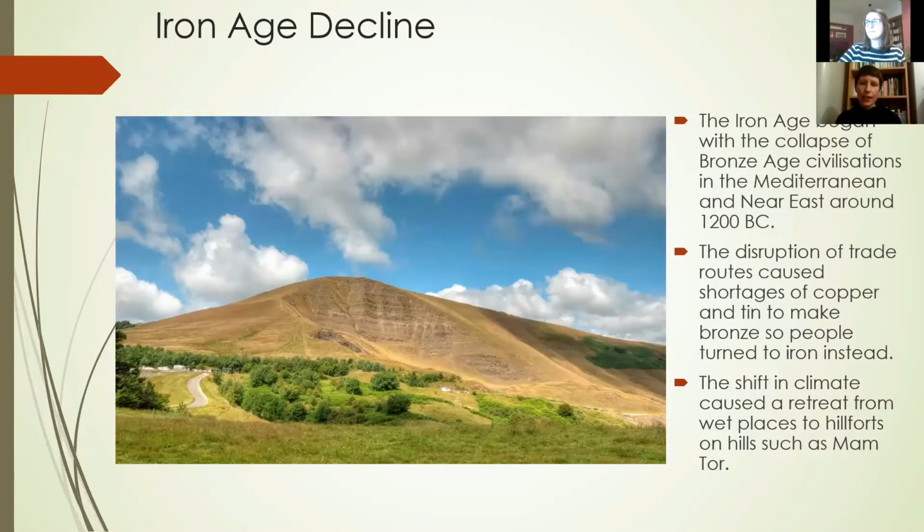It began with the collapse of Bronze Age civilizations in the Mediterranean and Near East around 1200 BC. The disruption of trade routes caused shortages of copper and tin to make bronze, so people turned to iron instead. The shifting climate caused a retreat from wet places to hill forts on hills, such as Mam Tor, which many of you are probably familiar with.